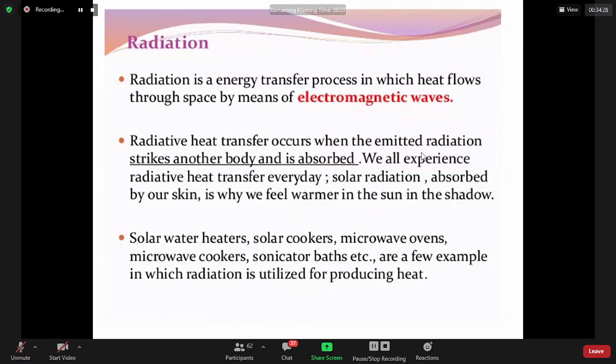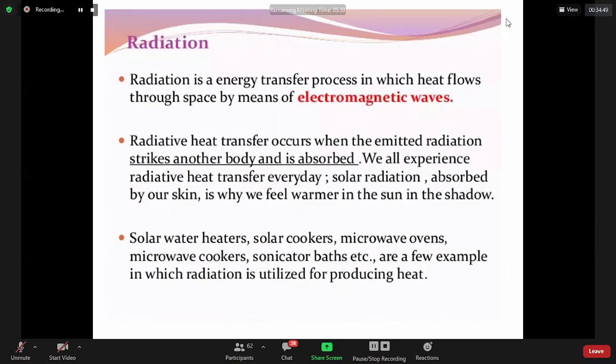Now, solar water heaters, solar cookers, microwave ovens, microwave cookers, and the sonicator bath are a few examples in which radiation is utilized for producing heat.